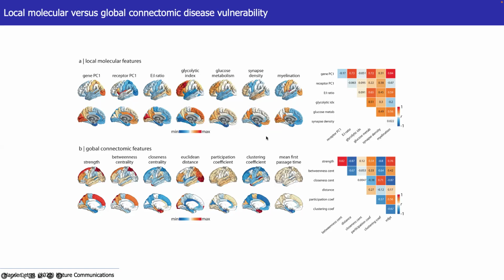So different measures of network embedding, connection diversity, and so on. And we're going to compare how well these predictors can predict disease patterns against these predictors here, which are predictors of local biological features. So everything from gene expression, receptors, excitation, inhibition, metabolism, synapse density, and so on.